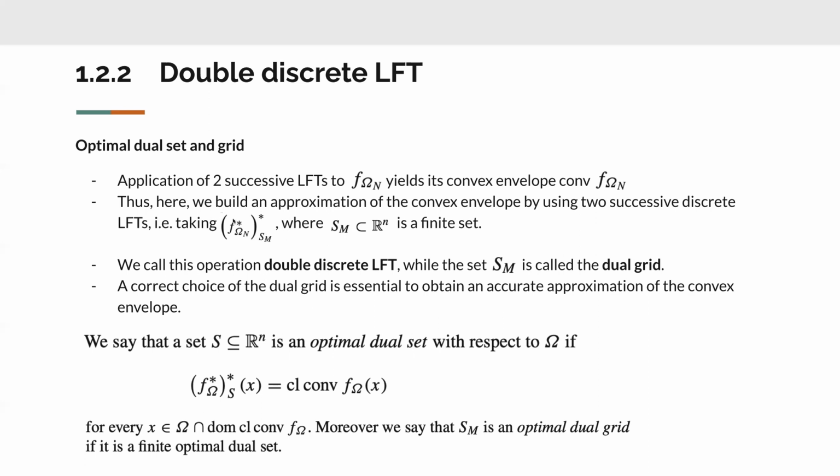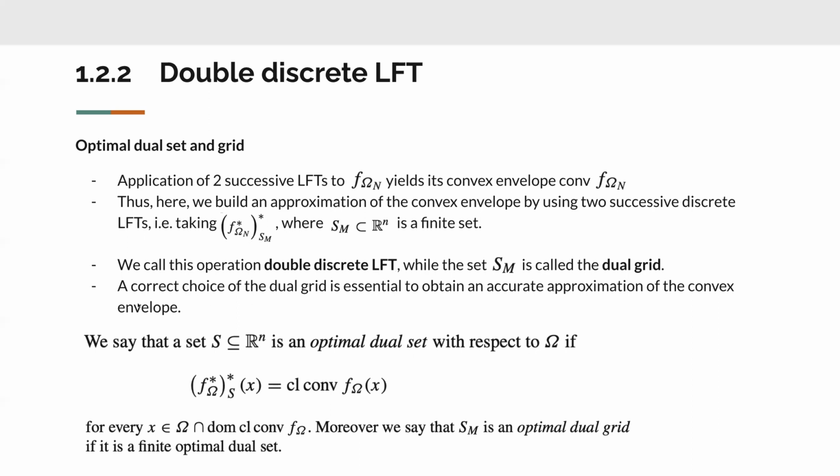Now this we have already seen. We are applying another discrete LFT on top of this. And what is S_M? S_M is another finite set, which is a subset of R^n, and this S_M is called the dual grid. This is an important one, and we are going to use it in our algorithms. So omega_n is called the primal grid and S_M is called the dual grid. Since we are applying the discrete LFT twice, we call this operation the double discrete LFT.